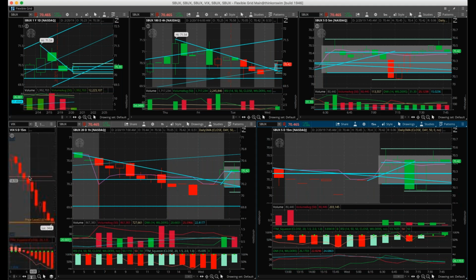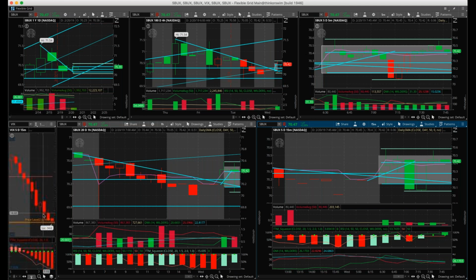So I see that VIX here dropped, and it's actually at a support level I have on there. So then I'll be looking for some volatility coming into the market. So actually when it hit that, we did sell off a little bit. So now we're going to see, okay, is this going to bounce some, form a pattern, and then break this?